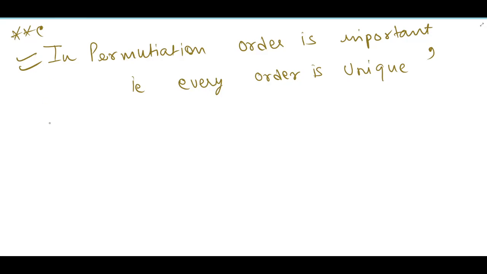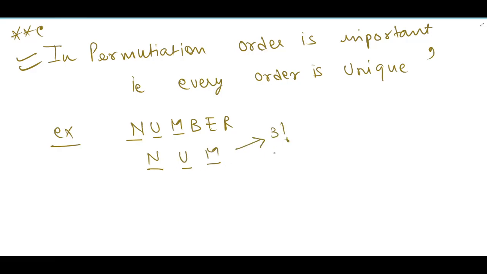For example, in the previous example, we have the word NUM. If we form a three-letter word from the letters N, U, M, then there are 3 factorial ways to arrange NUM.